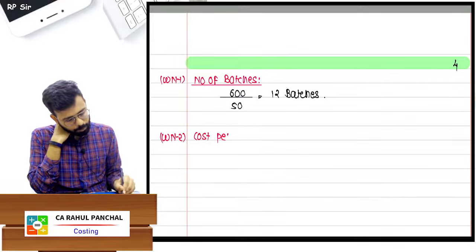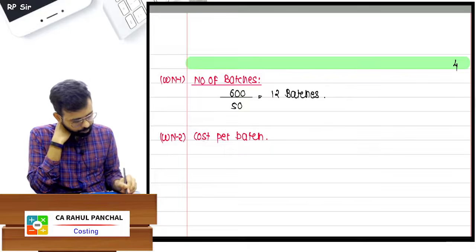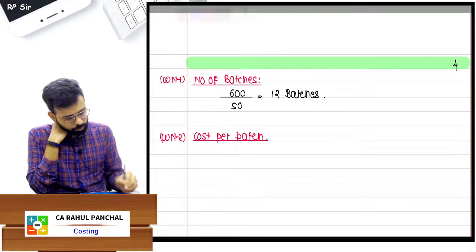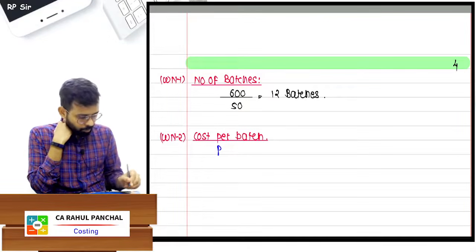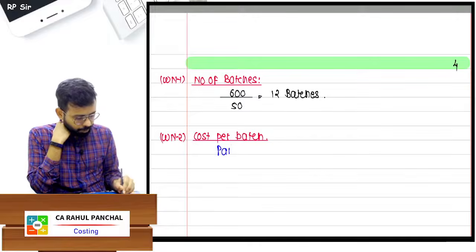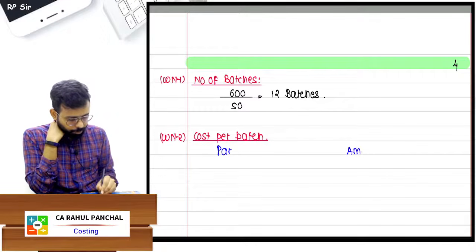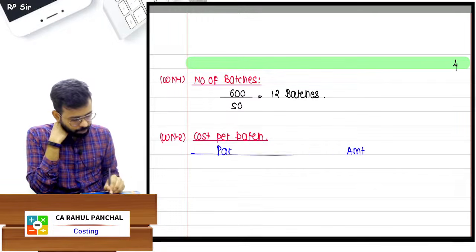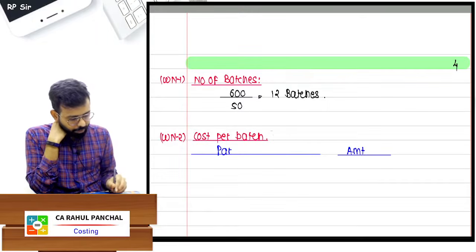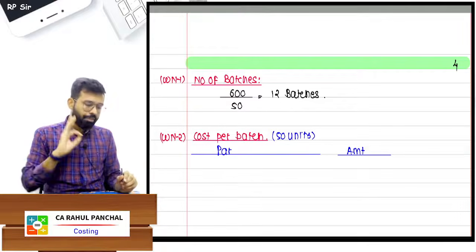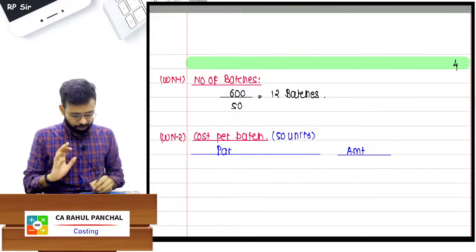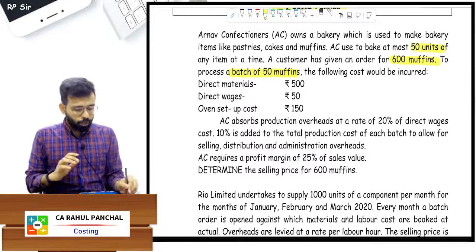Cost per batch. Particulars, amount. When I say cost per batch, it means a batch has 50 units or muffins. It means the cost is being calculated for 50 muffins, or one batch. In one batch, what do we require?